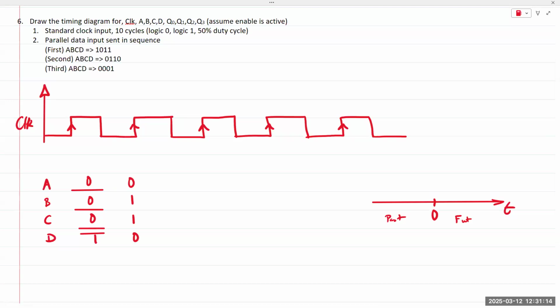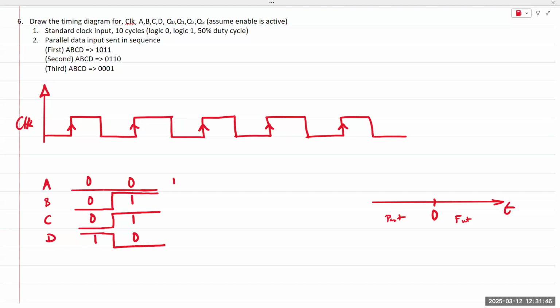So A stays at 0. B goes to 1. C goes to 1. And D goes to 0. Again, how long they stay at that particular state is up to the circuit designer.